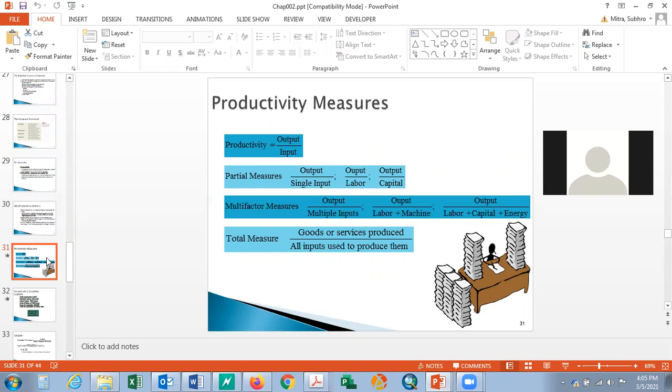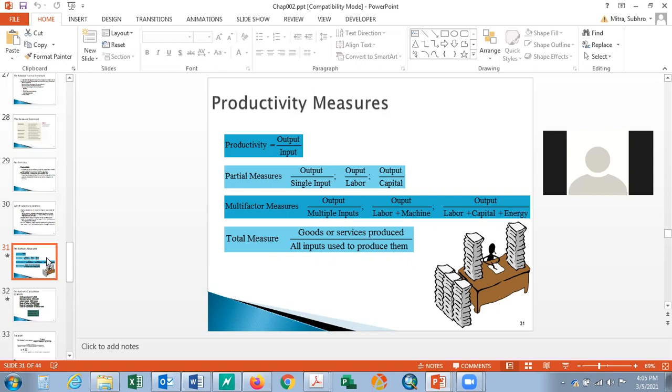So the more the output, the more is the productivity. That's what you should remember. So again, I'm repeating it, more is the output, more is the productivity. So if a question says that the output increases from 100 to 120, is the productivity increasing or decreasing? The answer is increasing because output is in the numerator.